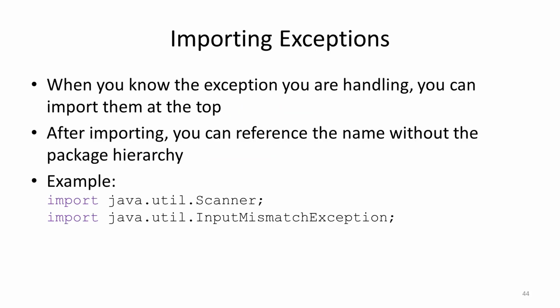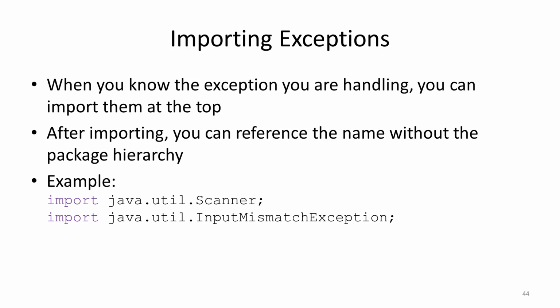When you get used to handling certain exceptions, it will be second nature which exceptions you'll need to catch. And when you know, you can import them at the top. When you do so, you can reference the exception without the package hierarchy. So for example, at the top of the program, if I import the Scanner and I know the InputMismatchException will happen, then I'll also import it there as well.